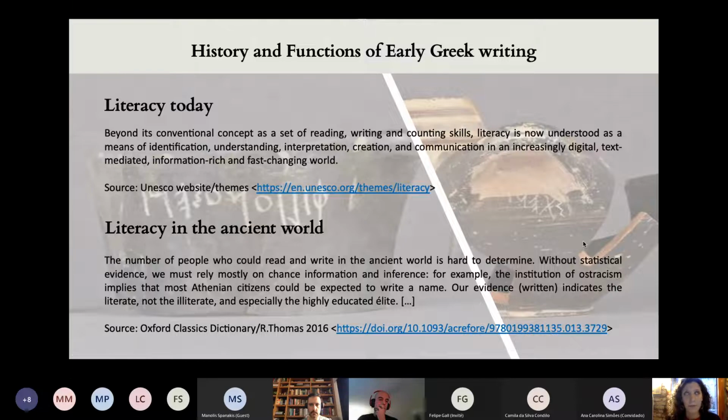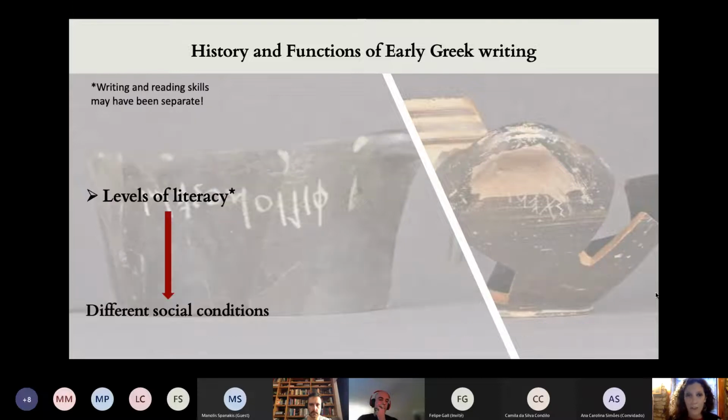And Thomas's theory is very interesting indeed, because her thought is that we have different levels of literacy. So we have different levels of speakers that are of different social conditions.